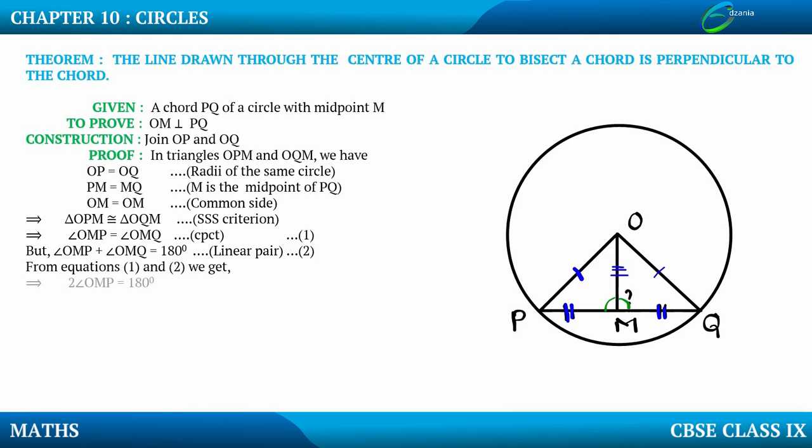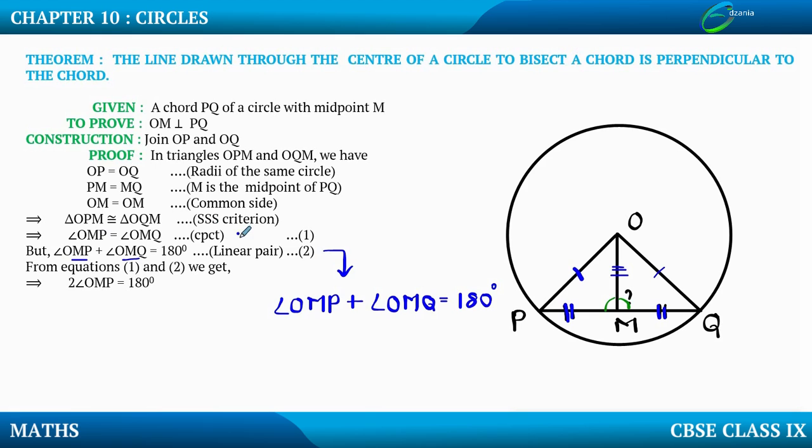So from equation 1 and 2, what do we get? We get 2 OMP is equal to 180 degrees. Now how do we get this? We have OMP plus OMQ is equal to 180. But OMP is already equal to OMQ. So follow this step now. I have angle OMP plus angle OMQ is equal to 180 degrees.